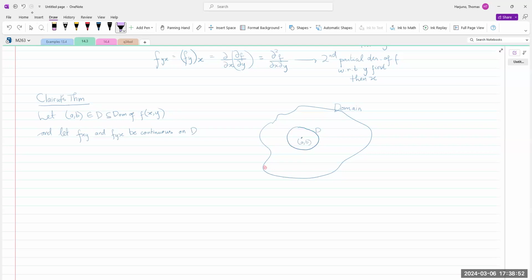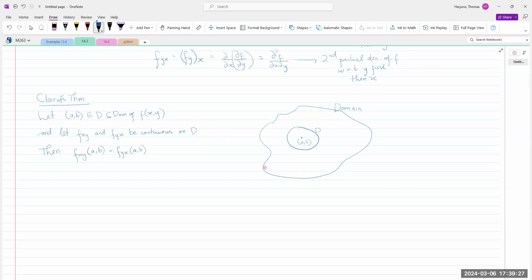Now suppose the mixed partial derivatives, with respect to x and y and with respect to y and x, are both continuous in that disk, then f sub xy at (a, b), which is contained in that disk, must be equal to f sub yx at (a, b) as well.